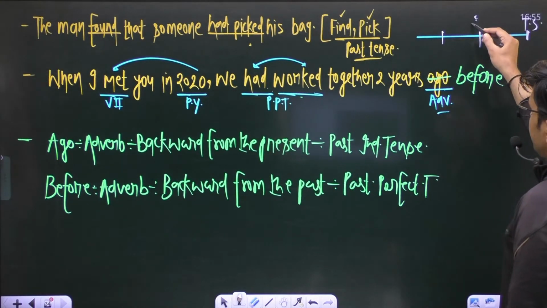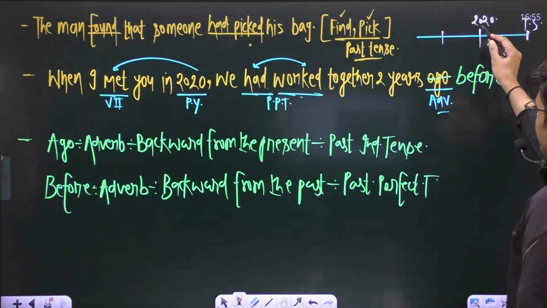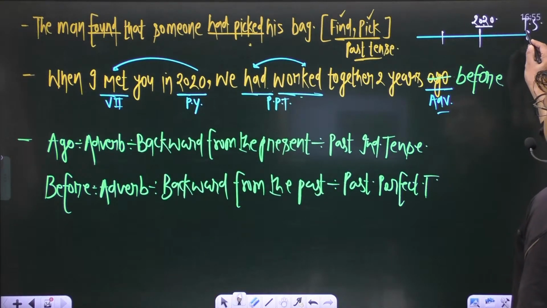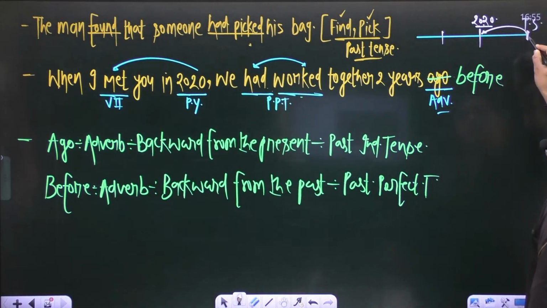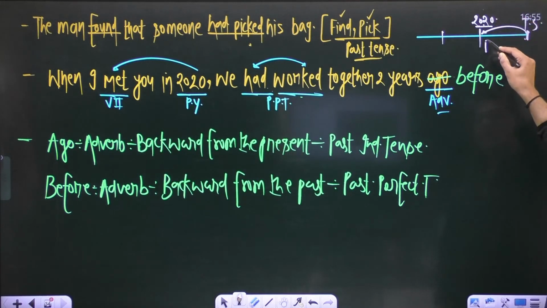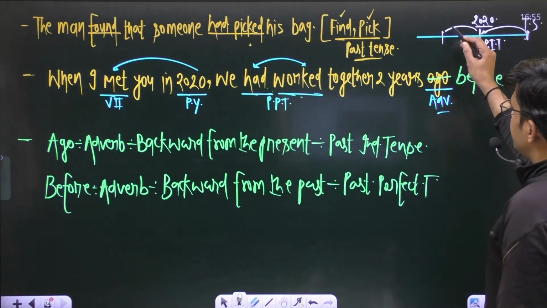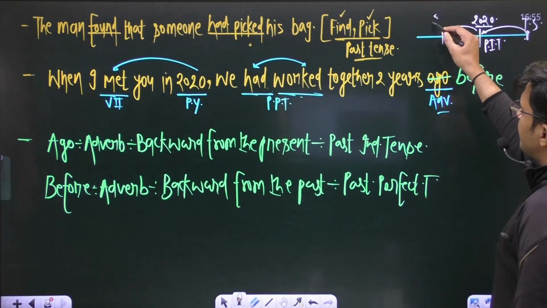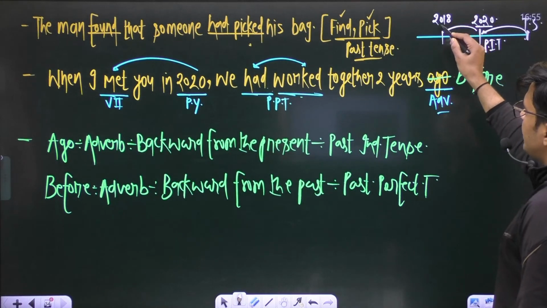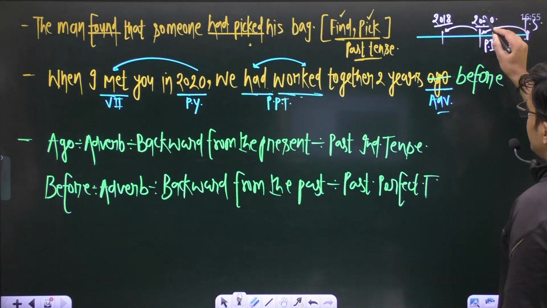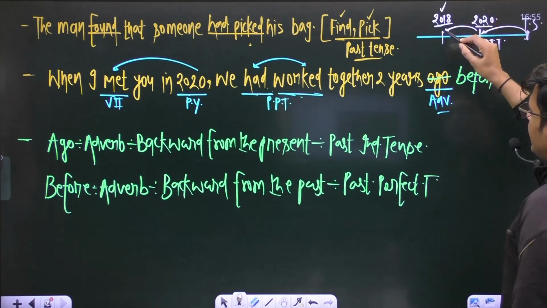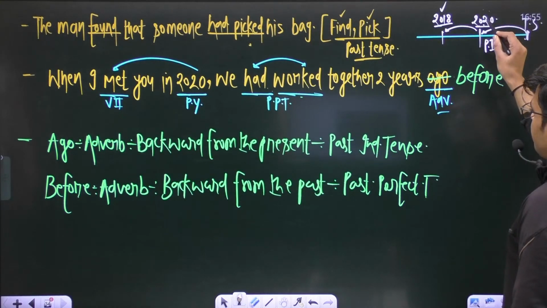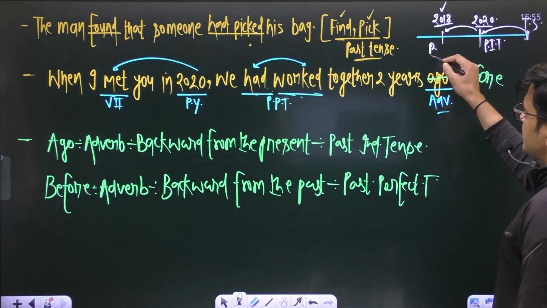The person is saying when we met in 2020. This 2020 is backward from the present, near to the present, so it demands past indefinite. And he is saying we had worked 2 years before, which means they worked 2018 to 2020, and this 2018 is backward from the past, so this demands before.